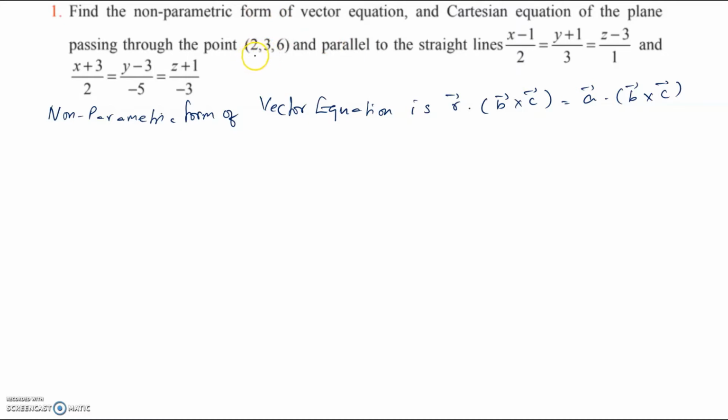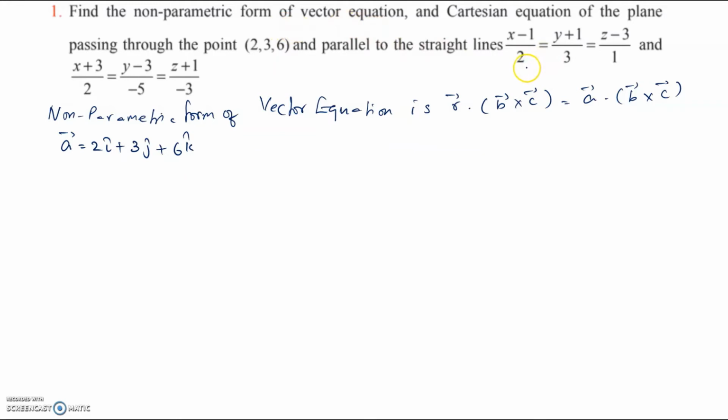The point on the plane is (2, 3, 6). So, a vector is equal to 2i cap plus 3j cap plus 6k cap, and b and c are vectors which are parallel to the plane.